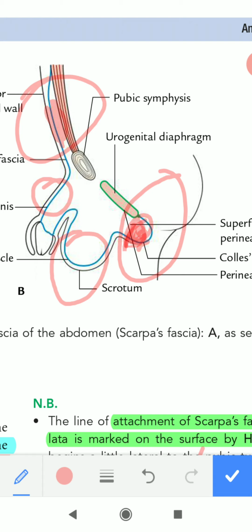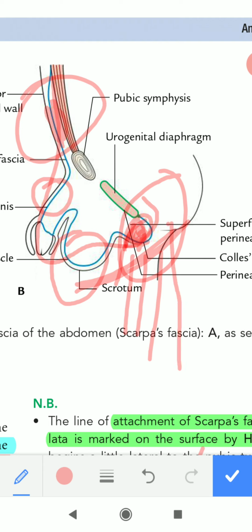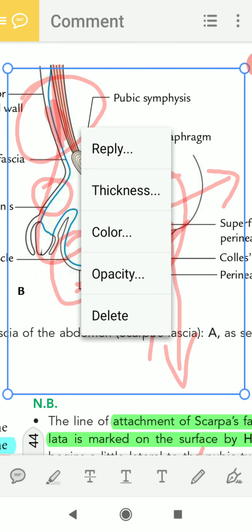Due to the attachment of the fascia Scarpa with the deep fascia of the thigh, the urine cannot go to the thigh, and it cannot go to the ischiorectal fossa due to the attachment of the Colles fascia. So that's the clinical importance.